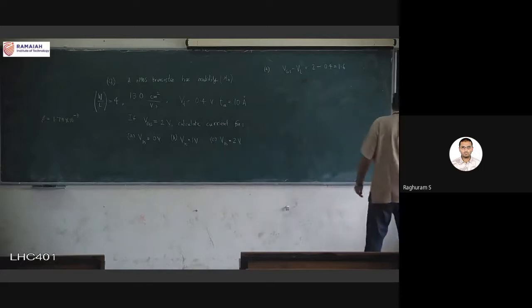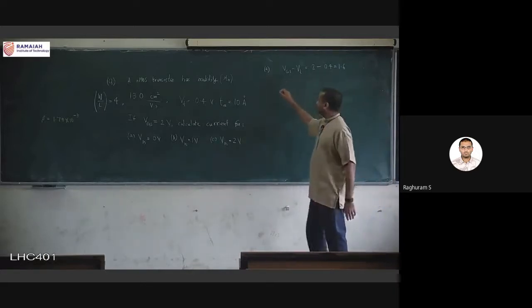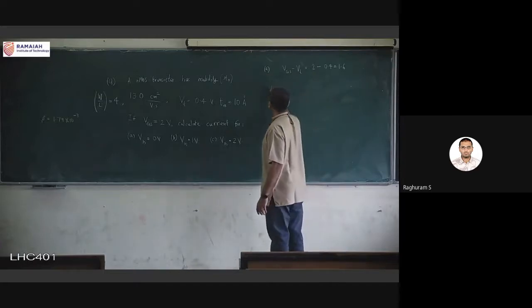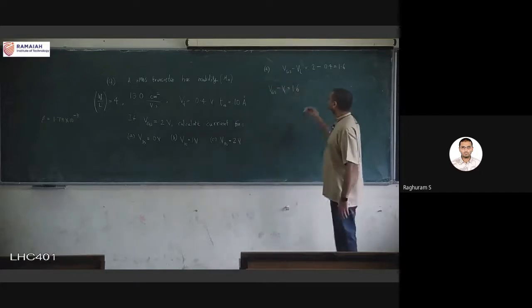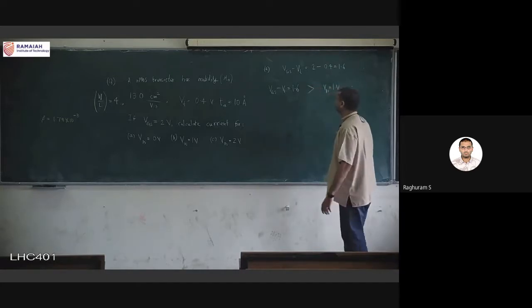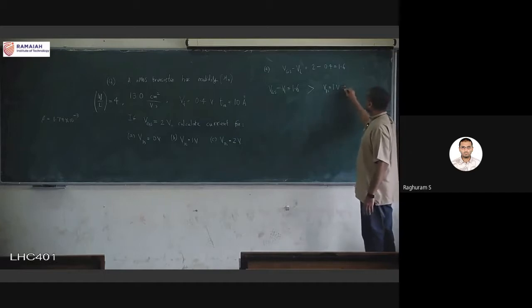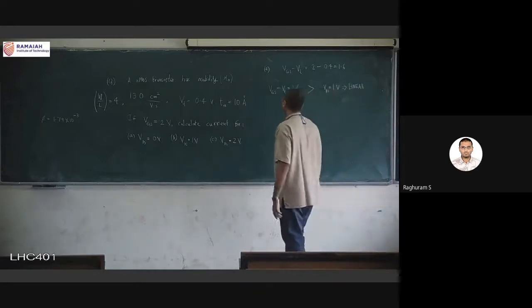So VGS is not changing, it is still 2 volts. So this stays true. Now VGS minus VT, and I have to compare it with VDS, and it is greater. So it continues to be in the linear region of operation, but this time definitely a non-zero value of current. So let us calculate the value.